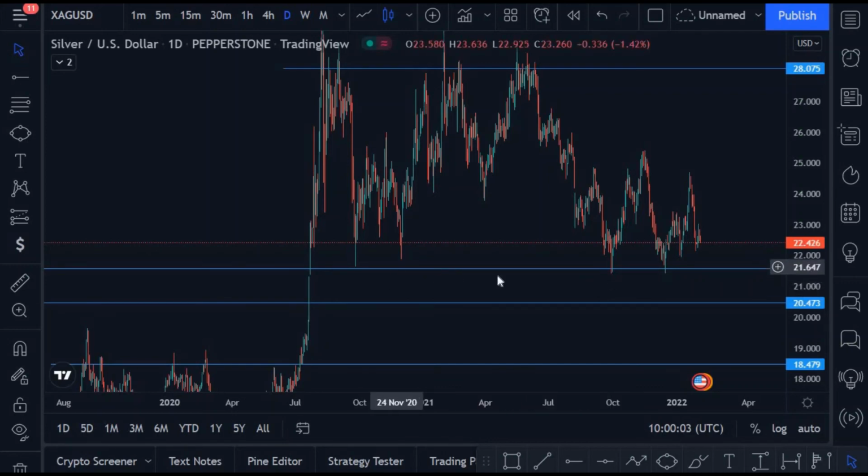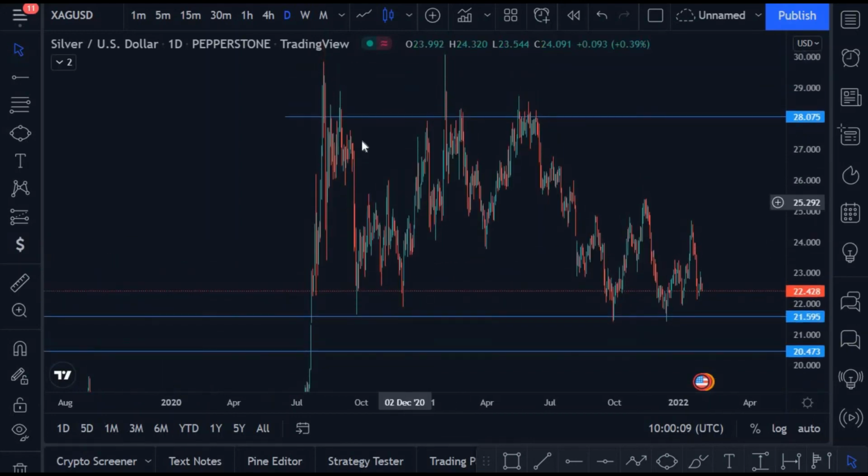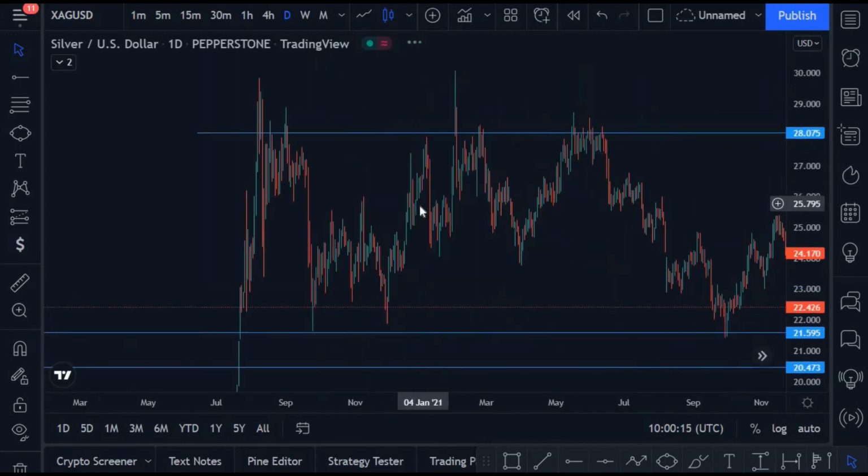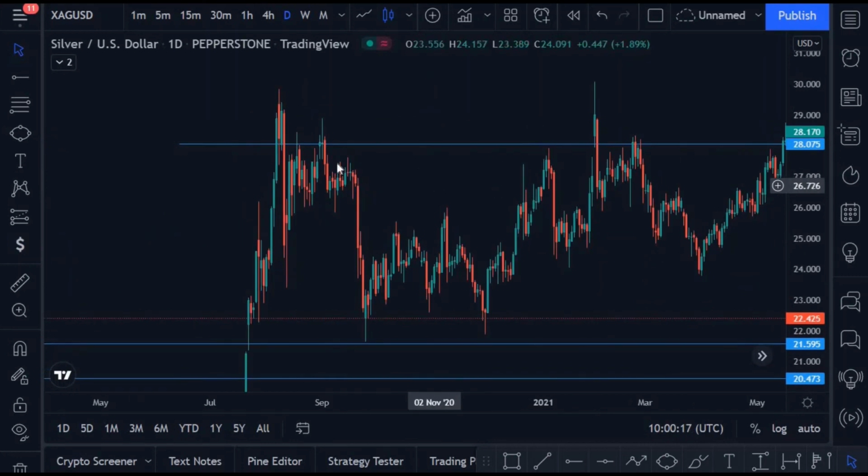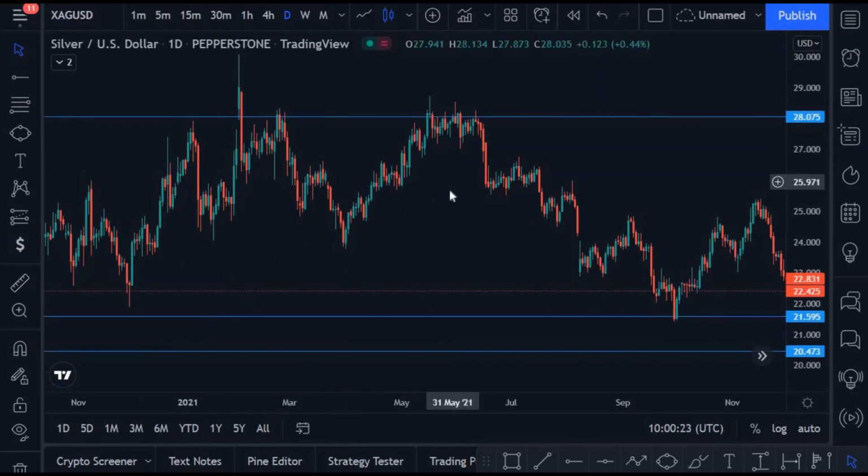I'll count this as twice, 3 times, the 4th time, and then it looks like we are going for the 5th test. Up here we have a level that has been respected multiple times. If I zoom this out, we have 1, 2, 3, 4, 5, and about 6 times.